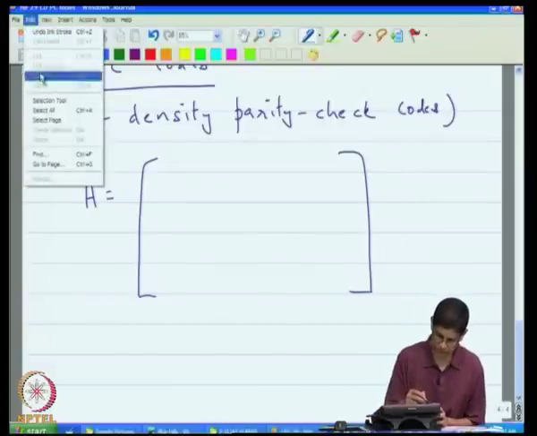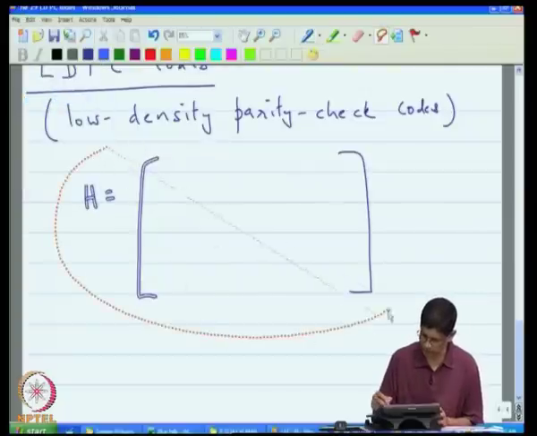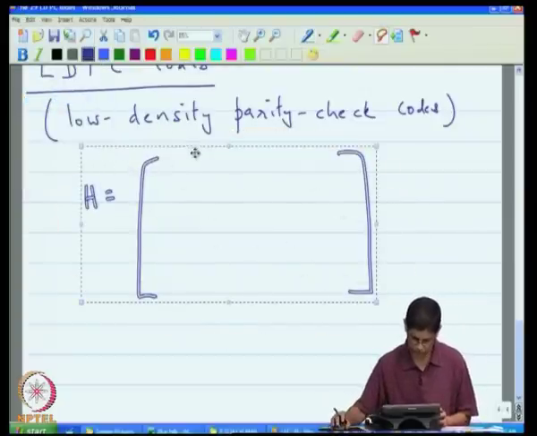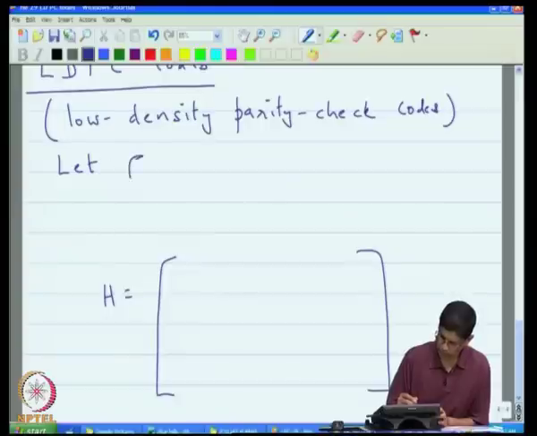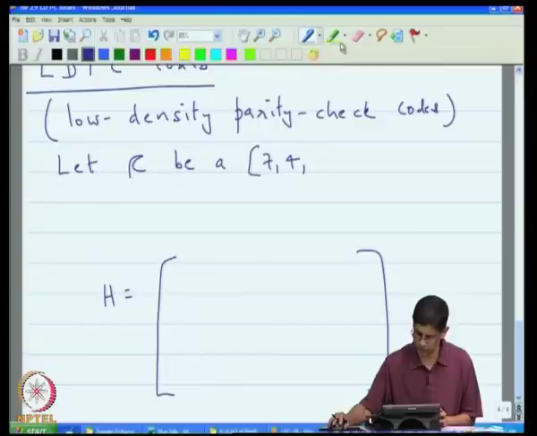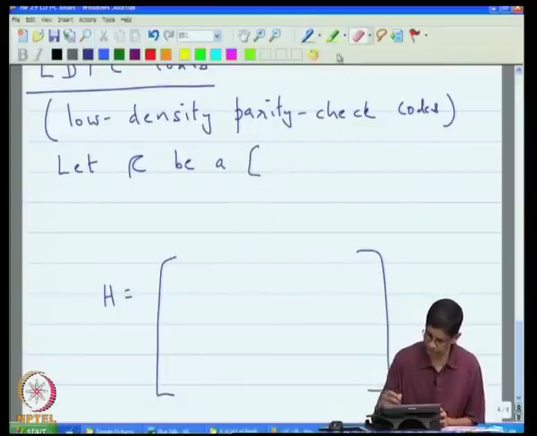Let me move this a little bit down. And say let C be a 7,4,2 or more generally an (n,k,d) linear block code.